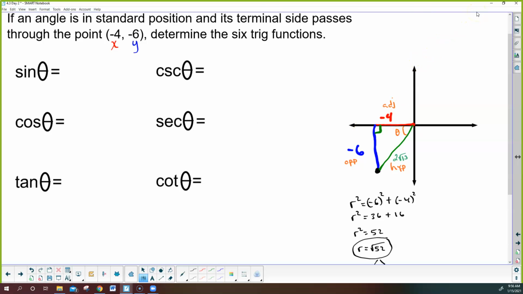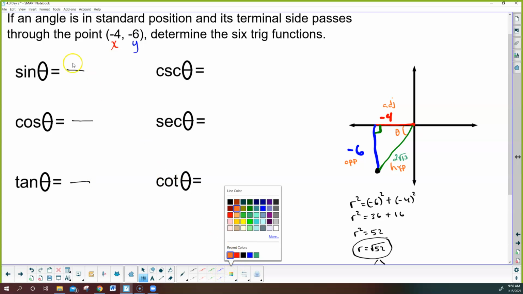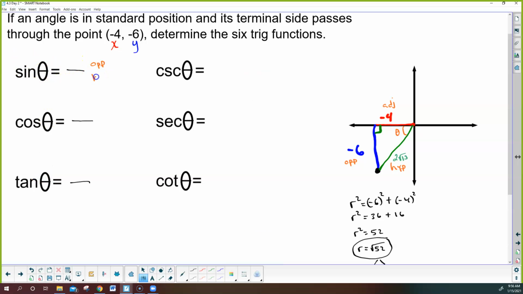But now we're able to go ahead and calculate sine, cosine, and tangent. I'm going to do a little pre-work here. I'm thinking SOHCAHTOA right now for these 3 pieces. Sine is opposite over hypotenuse, cosine is adjacent over hypotenuse, and tangent is opposite over adjacent.